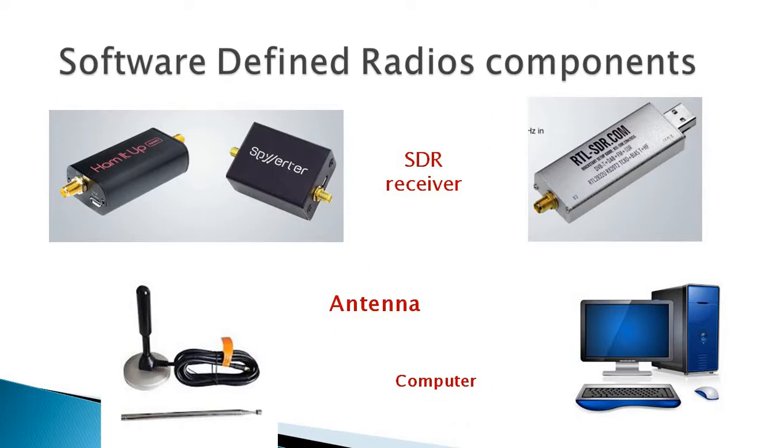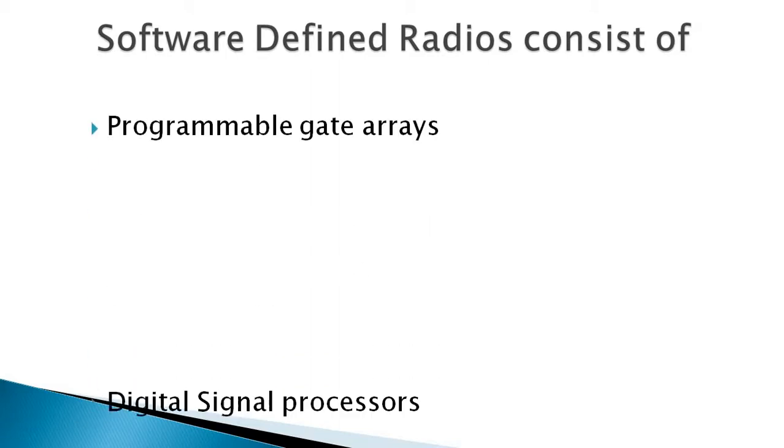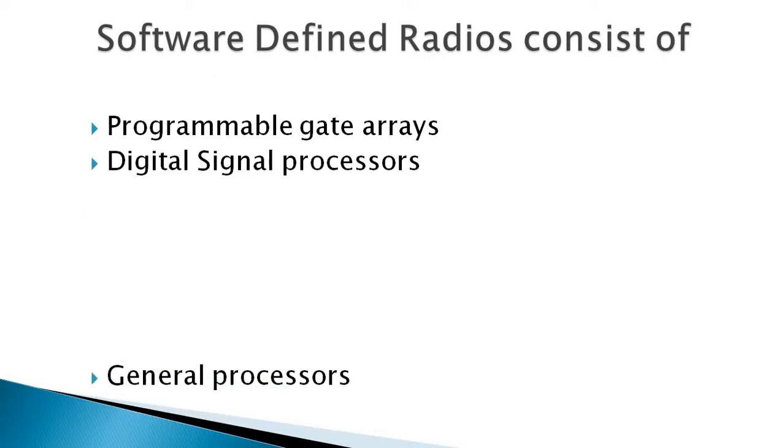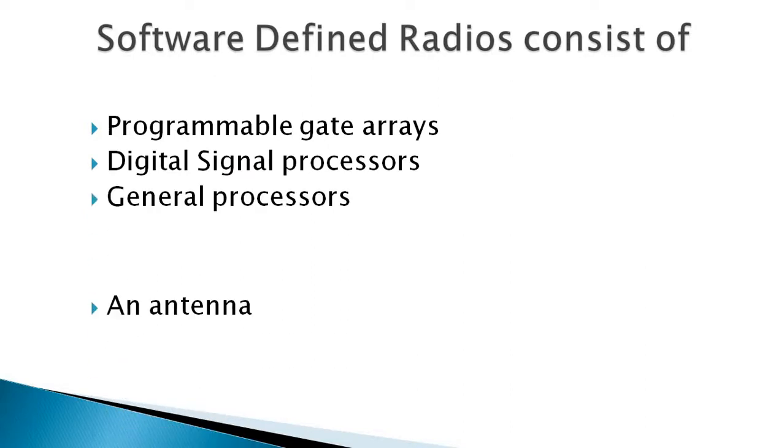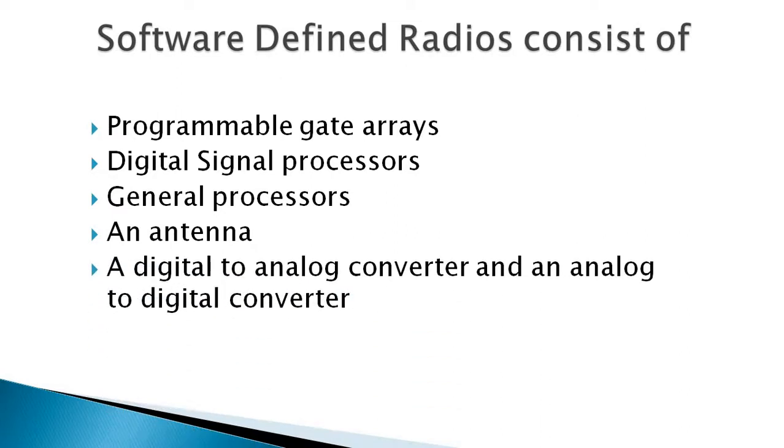What does it consist of? Programmable gate arrays, digital signal processors, general processors, an antenna, a digital to analog converter and an analog to digital converter.